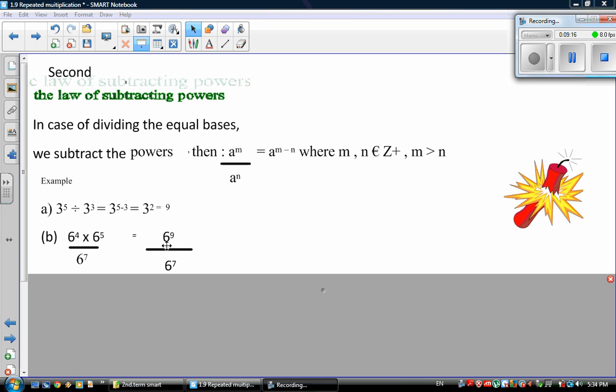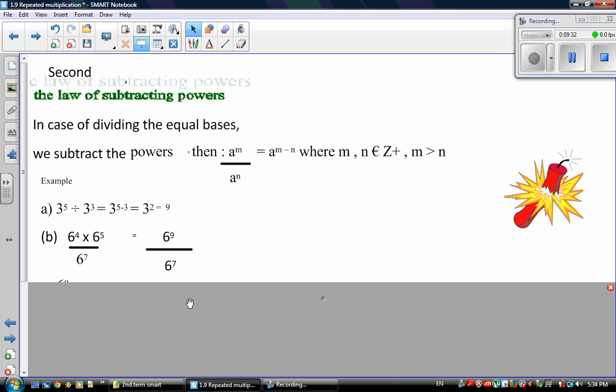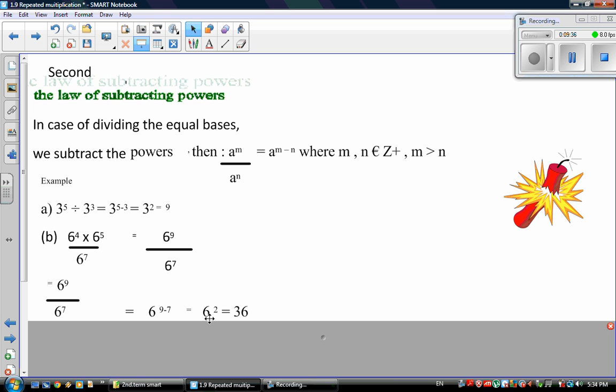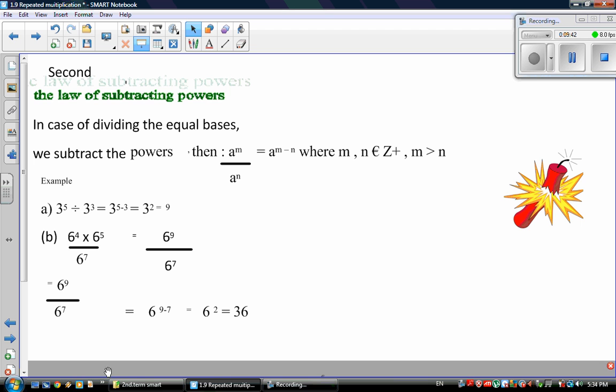And then 6 to the power 9 divided by 6 to the power 7. We have to look at the two bases. Are they equal? Yes, the two bases are equal. So we are going to subtract the powers. 9 minus 7 will be 2. So we keep the base as it is and write 6 to the power 2. We can make it 6 times 6 equals 36.